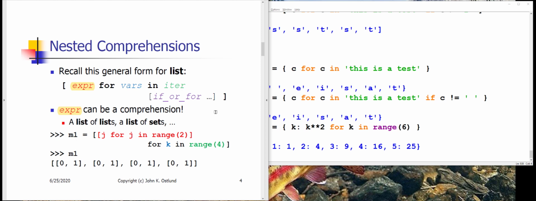We already saw an example where the expression was a tuple of 5 values: some value to the 1/3 power, and then to the 0.5 power, and then the value itself, and squared and cubed. So we can actually use a comprehension as the expression.